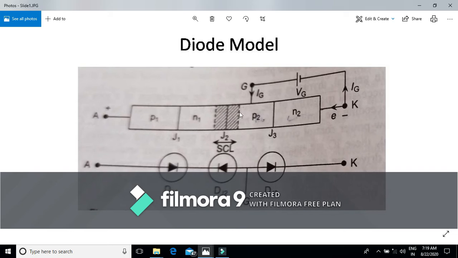Due to the movement of these charge carriers, this depletion layer vanishes, and free movement of charge carriers occurs across all the three junctions, or we can say the SCR is in the on state.